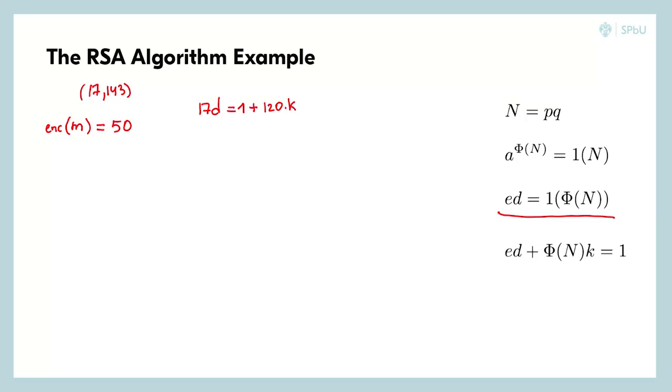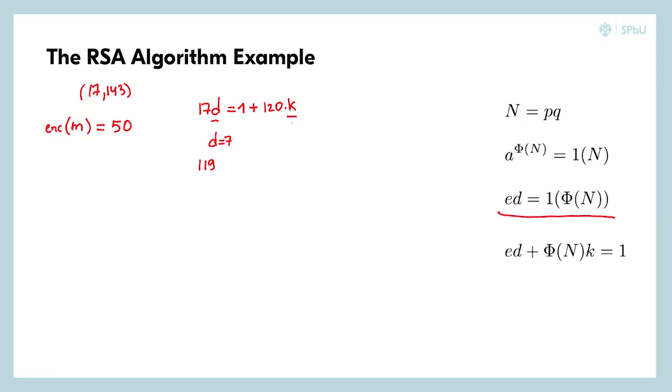So actually we have to find both these coefficients, k and d, and we are interested in d. Now we can employ the extended Euclidean algorithm, or we can notice that if we take d equal to 7, then we will have here 119, which is very close to 120.